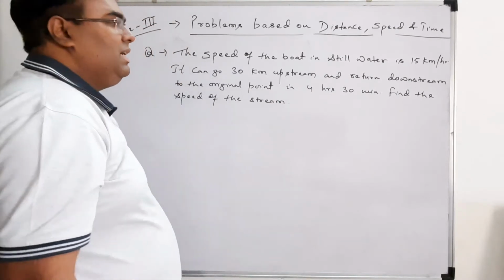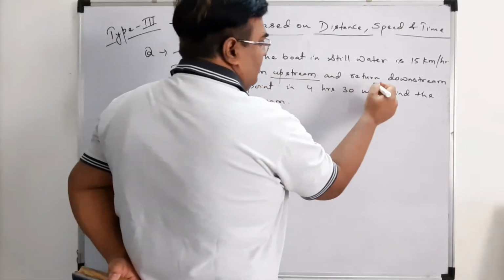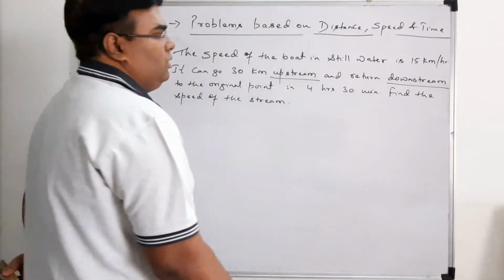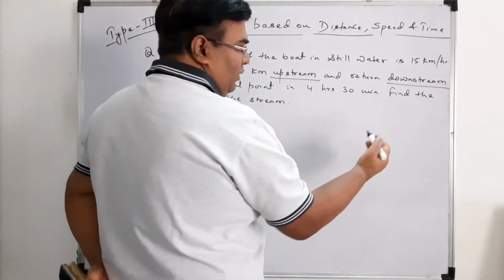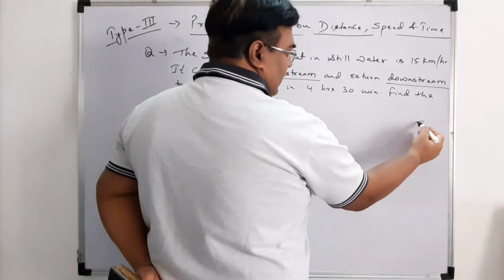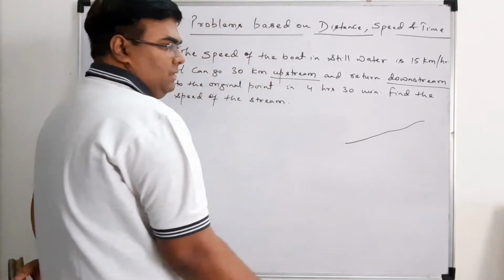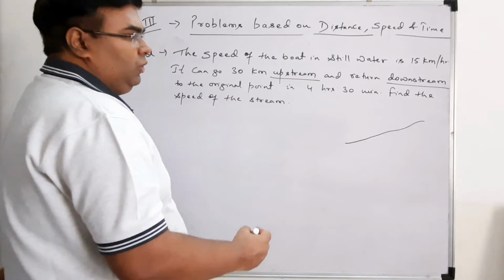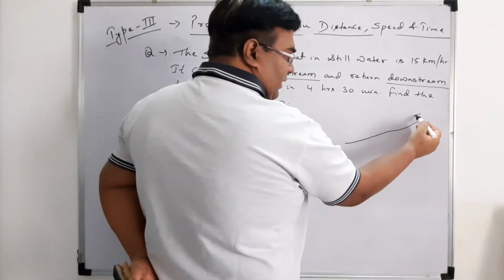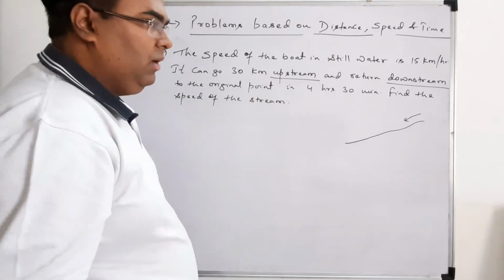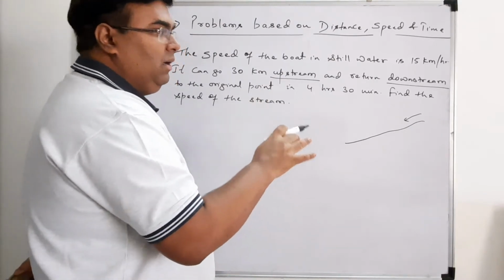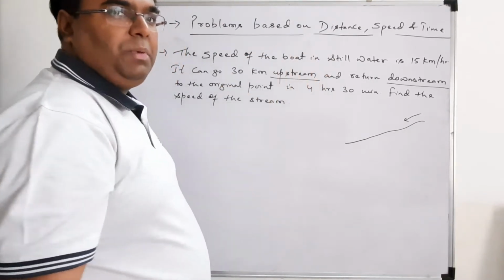Now we need to understand what is this term, upstream and downstream. It means the river is not horizontal, but it is like something like this, correct? So when the boat is traveling downwards, it is called downstream, and of course its speed will be greater than its normal speed.